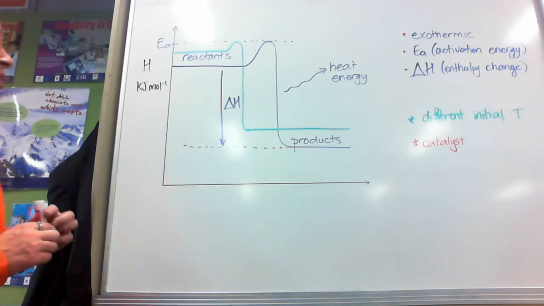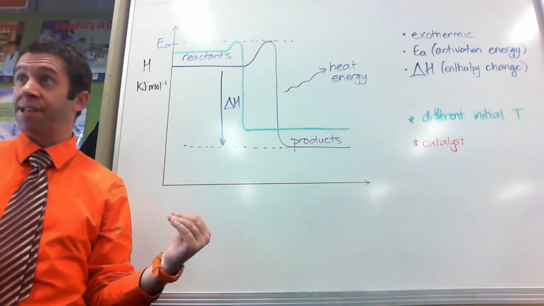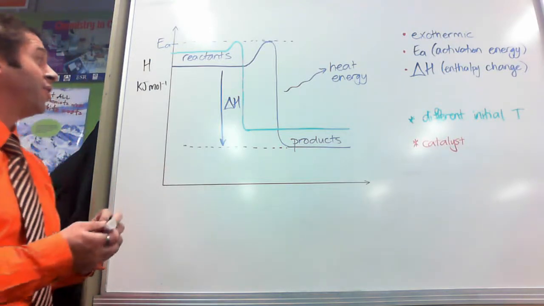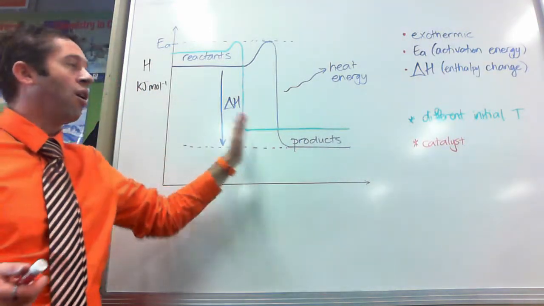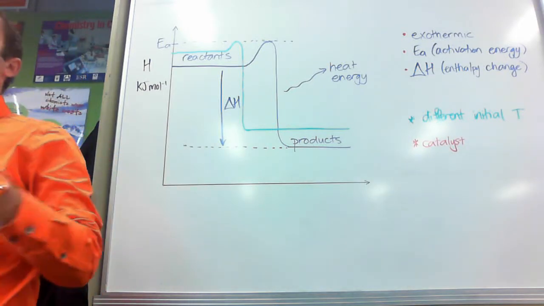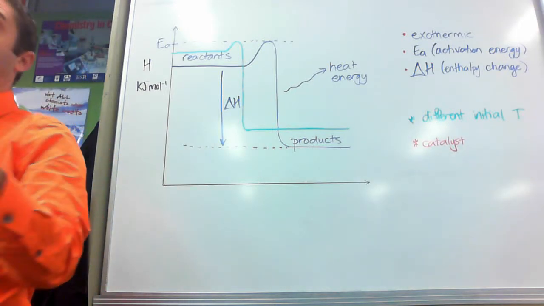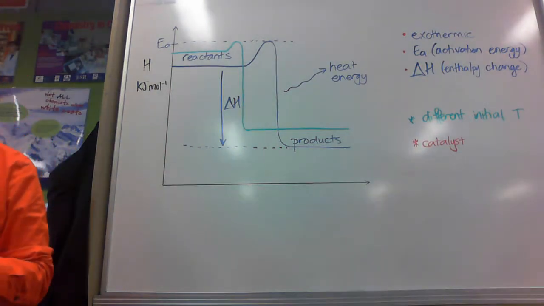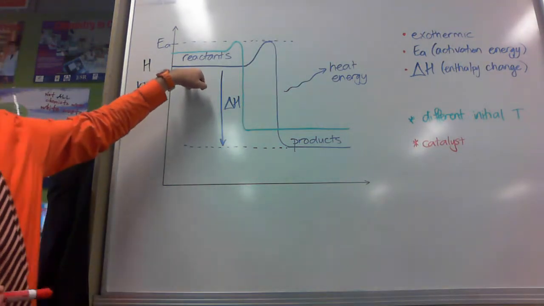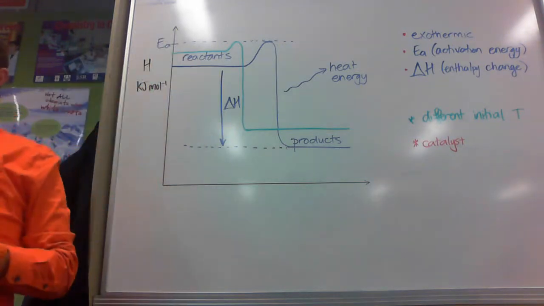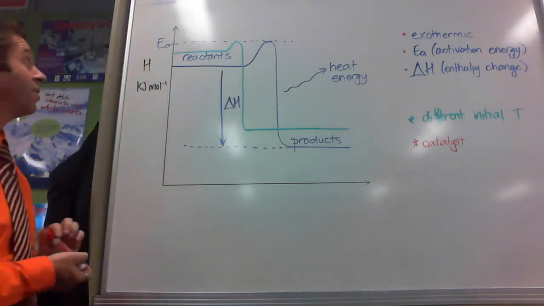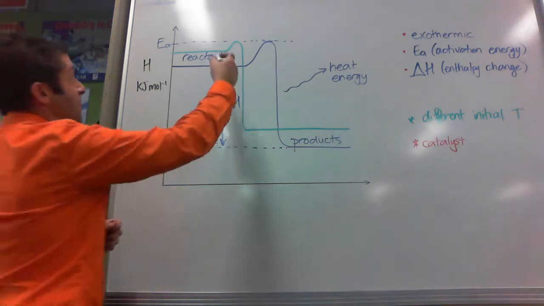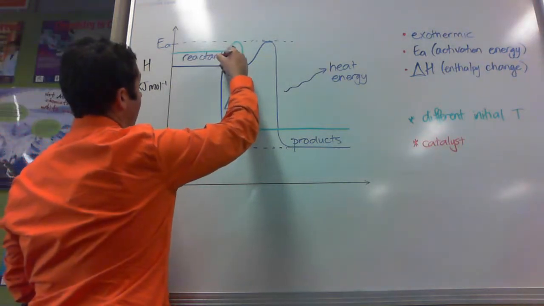So the net result is that EA decreases. The reaction often happens earlier because that's what catalysts do. They speed it up by reducing the amount of EA or activation energy that's required. So as I say, we're going to stick with our control line, and I'm only going to do the red where it deviates from the blue line. So we end up with a new EA.